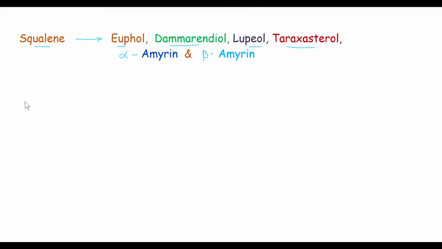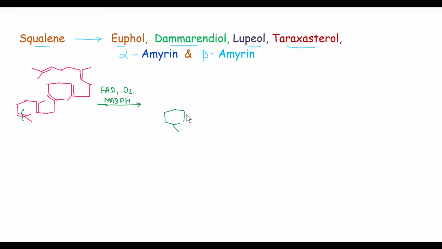First, the structure of squalene. So, in the first step, selective oxidation of this double bond by using FADO2 and NADPH, and we get the chair conformation of this moiety like that.